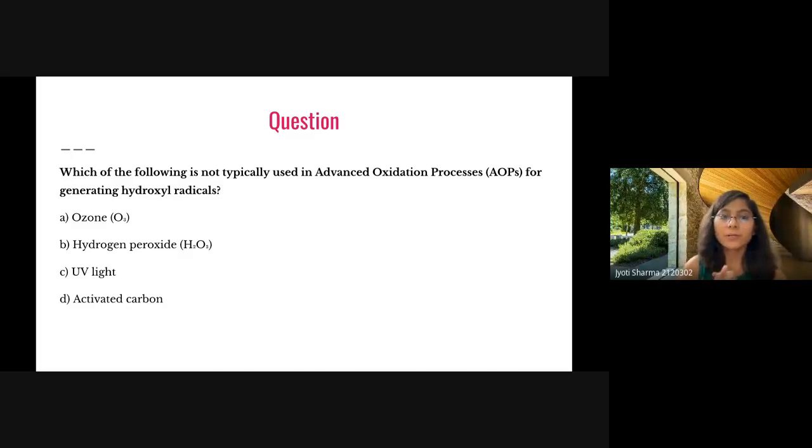We have four options: ozone, hydrogen peroxide, UV light, and activated carbon. So obviously D is a very absurd option, and that's why you people are very quick in giving me an answer. Ozone, hydrogen peroxide, and UV rays are used to generate the hydroxyl radical, and D is not the way by which we can generate hydroxyl radicals, so D is the right answer.